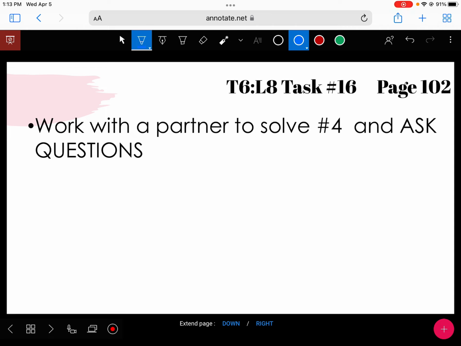All right, so you can work with a partner. You can tough it out and work on your own. See if you can do that last problem.